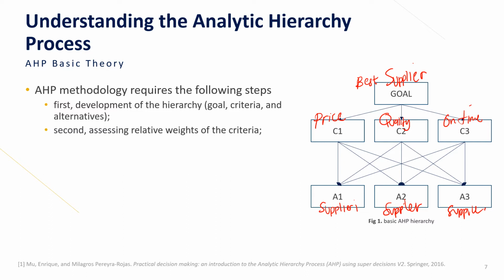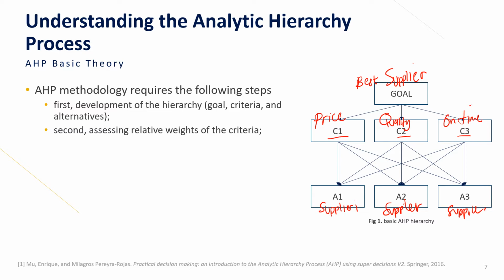It means that among these criteria, criteria 1, criteria 2, criteria 3, you will have the relative priority. For example, one decision maker may have a tendency to give more weight to the price compared to the quality, or price over quality and time, or the other way.